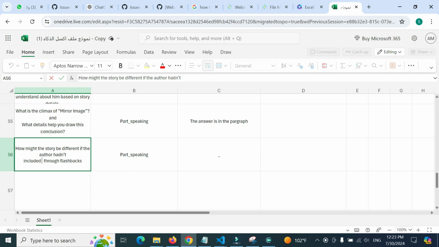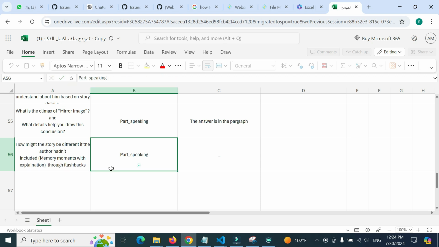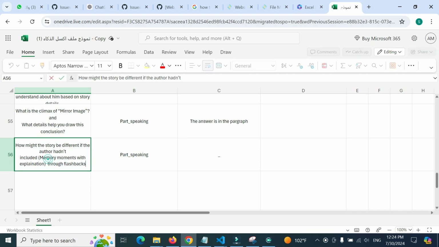So I'll write maybe memory moment with explanation through flashback. So now the AI, if we explain memory moment in two lines, understands what memory moments are and how the story would be different.